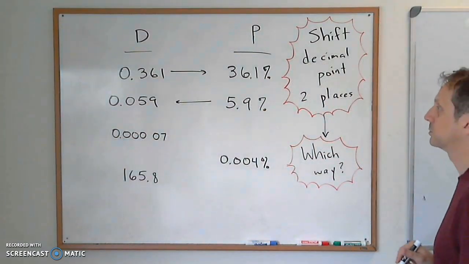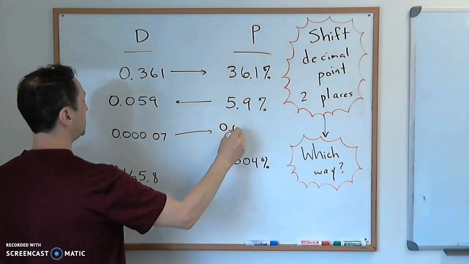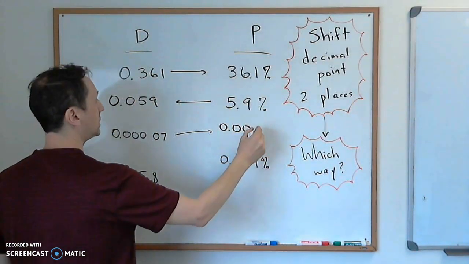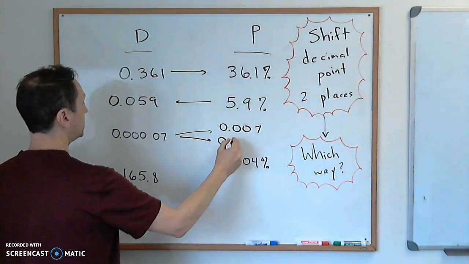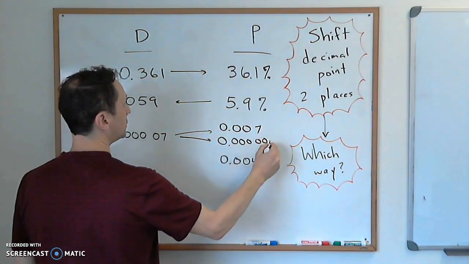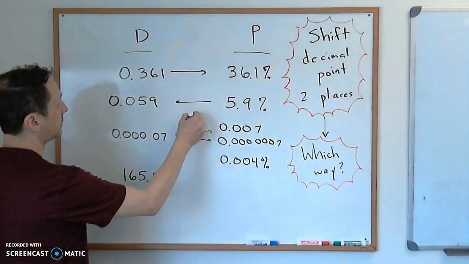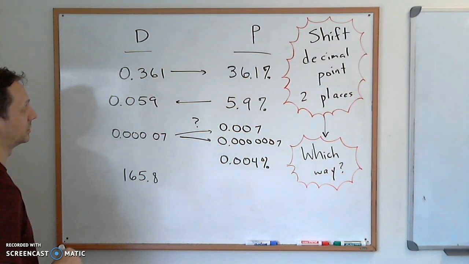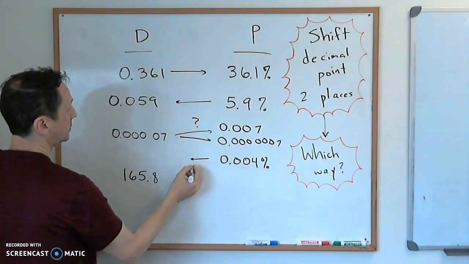Convert 0.00007 into a percent. Is it 0.007? Or is it 0.0000007? Which one do you like? And are you sure? Convert 0.004% into a decimal.